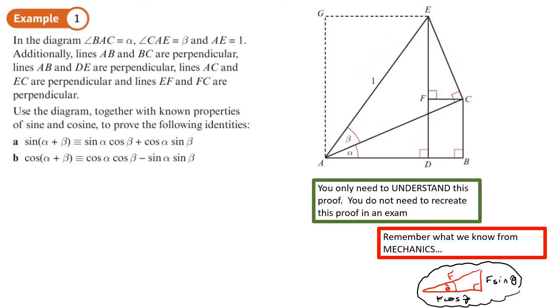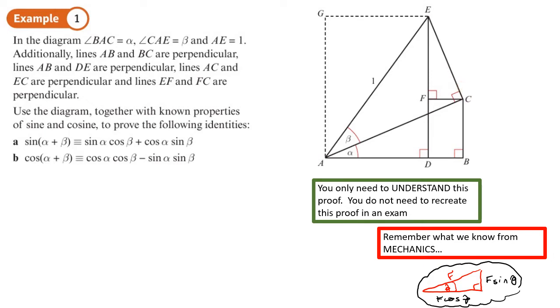Okay, so let's start with triangle AEC, this one here, and I can see that the hypotenuse is 1, and I'm going to work out the length of this side and the length of this side.